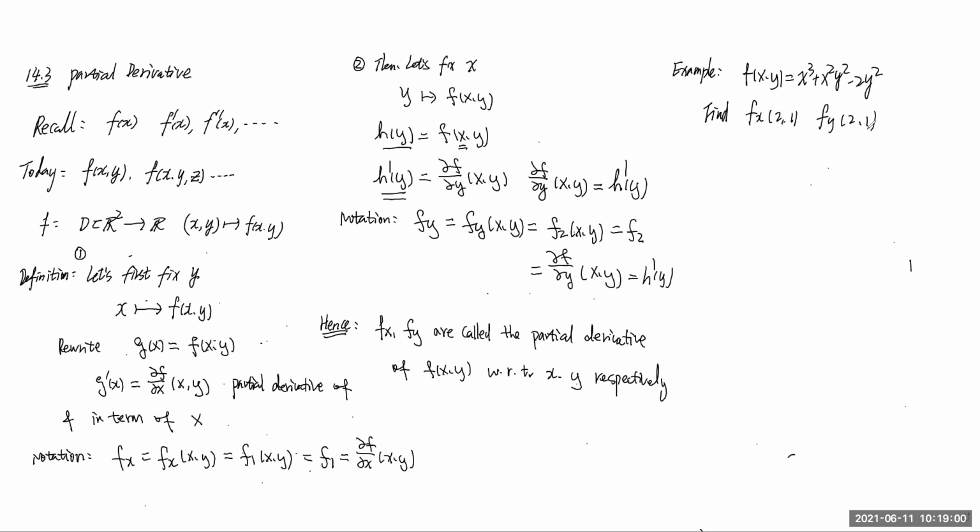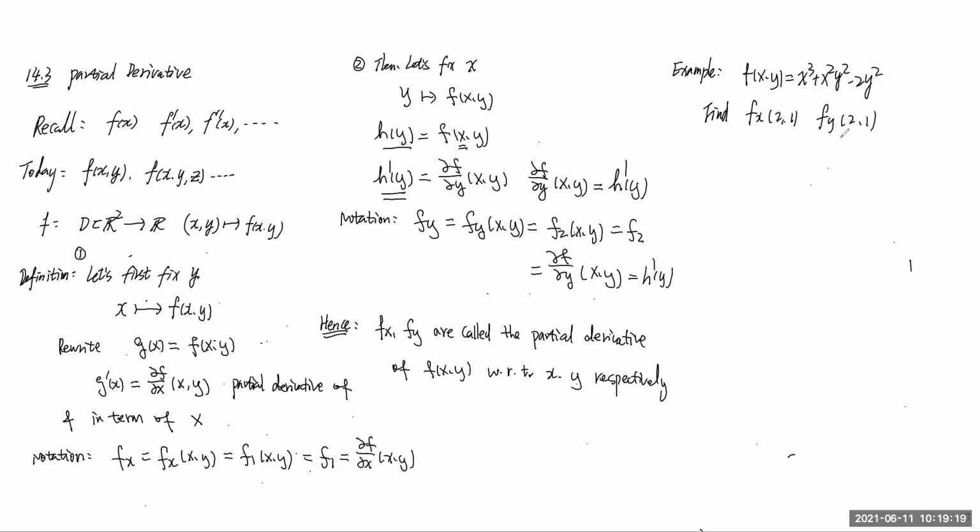What do I mean by this? It means compute the partial derivative of f in terms of x, and then evaluate the partial derivative at the point (2,1). The same for f_y.